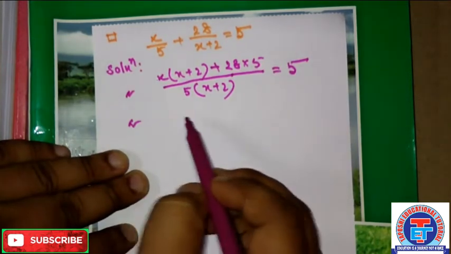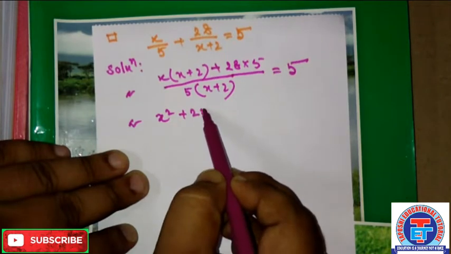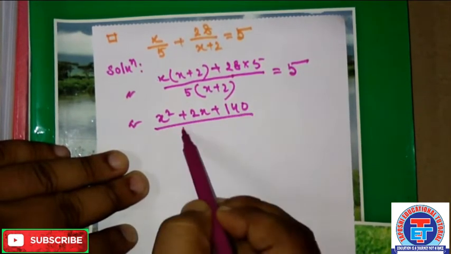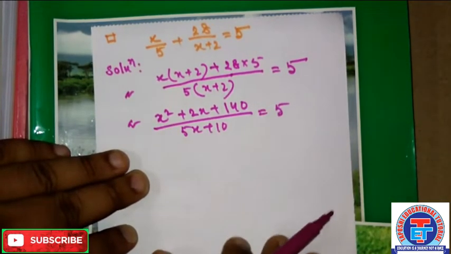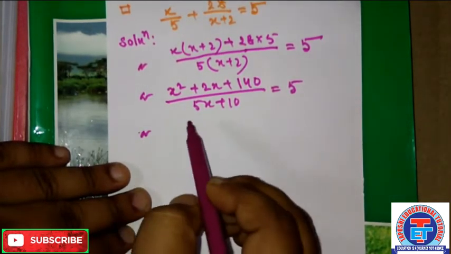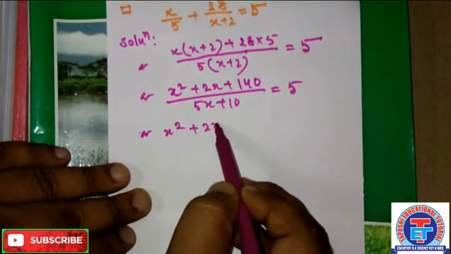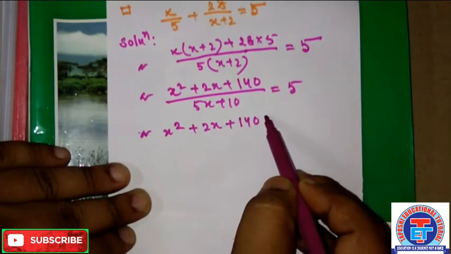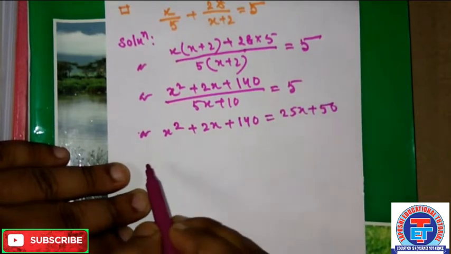Or we can write this as x square plus 2x plus 140 divided by 5x plus 10 is equal to 5, right student? Now this will become a quadratic form, like x square plus 2x plus 140 is equal to 25x plus 50, right?